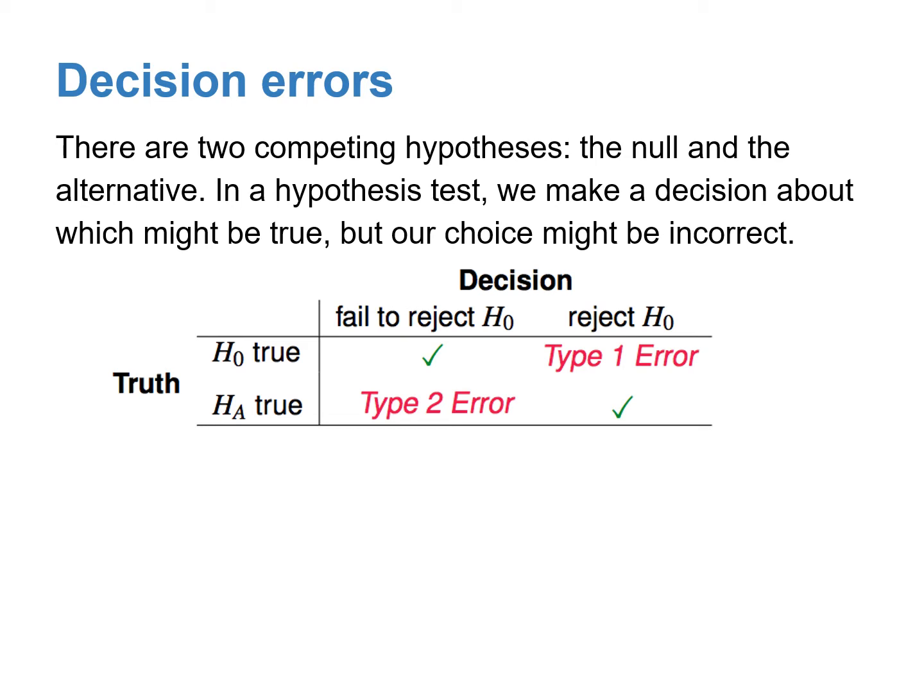Now, for the probability of type 1 error, we use the notation alpha to indicate the probability of type 1 error. And we use the Greek letter beta to indicate the probability of making a type 2 error.